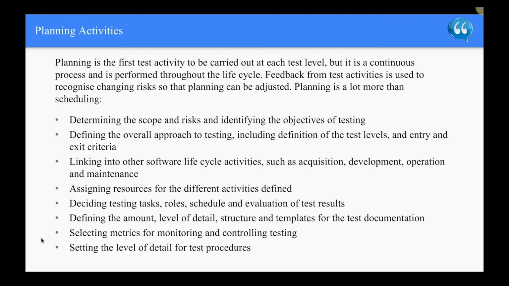The planning activity is the first test activity to be carried out at each test level, but it is a continuous process performed throughout the life cycle. Feedback from test activities is used to recognize changing risks so that the planning can be adjusted.